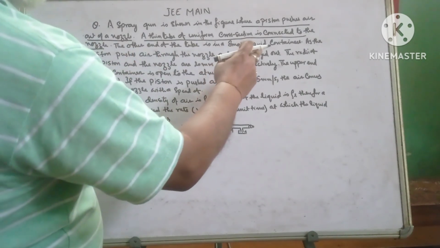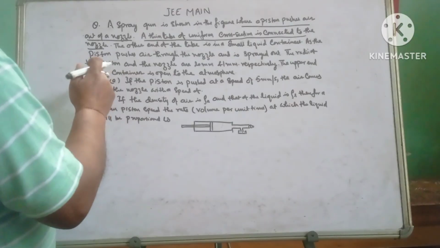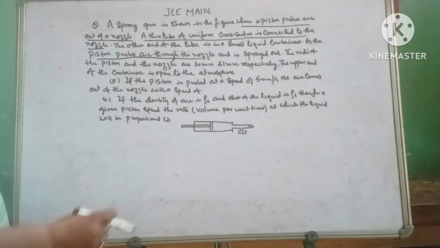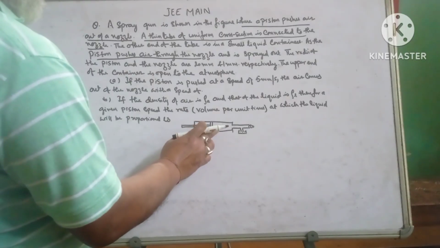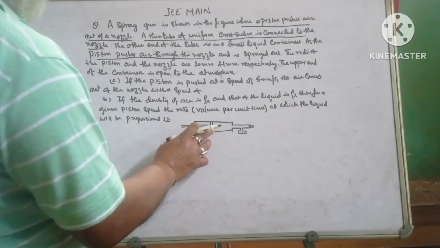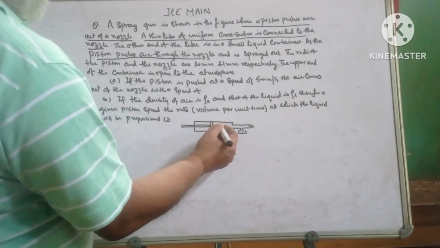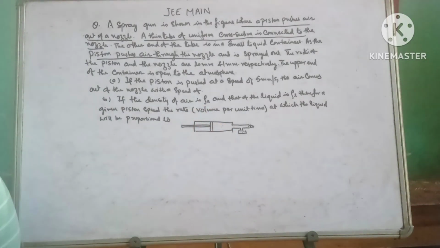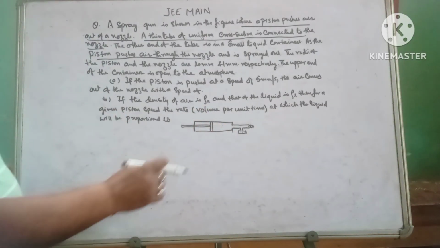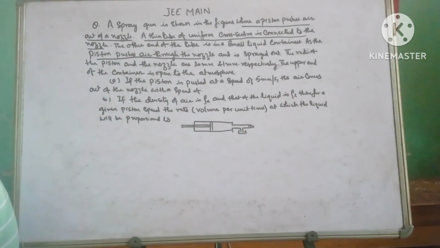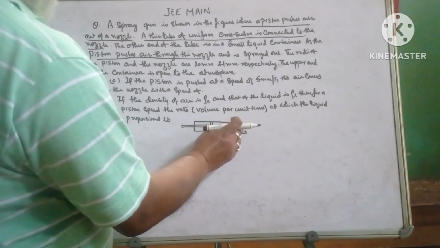As the piston pushes the air through the nozzle, compression takes place, so the air moves with a high velocity. Because the air moves with a high velocity, what do we find here?